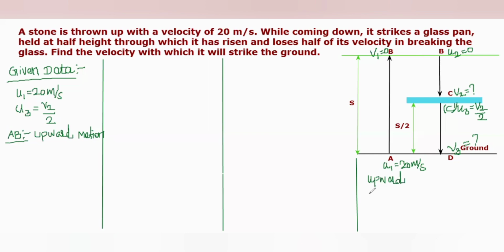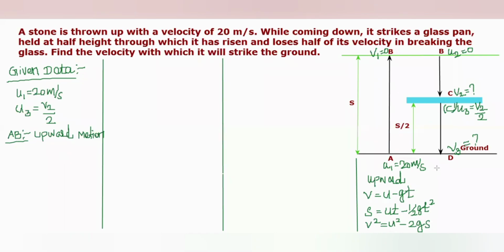So for upward motion, V equals U minus GT. Sometimes this can be mentioned as H also. S equals UT minus half GT square. V square equals U square minus 2GS. Okay, this is for upward motion.